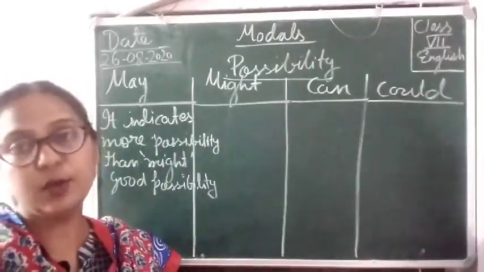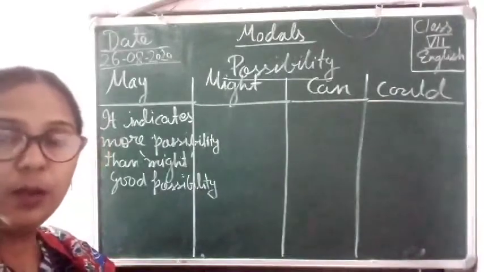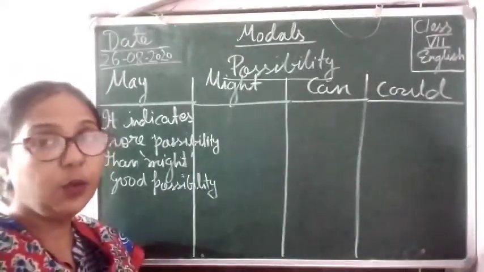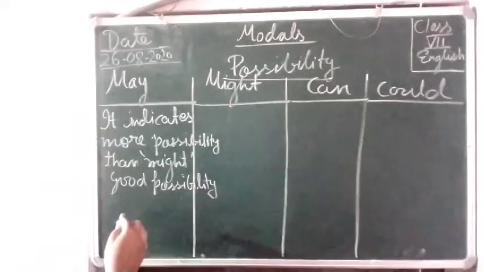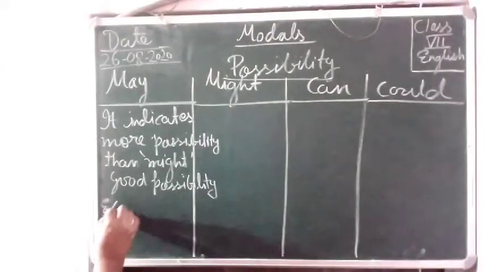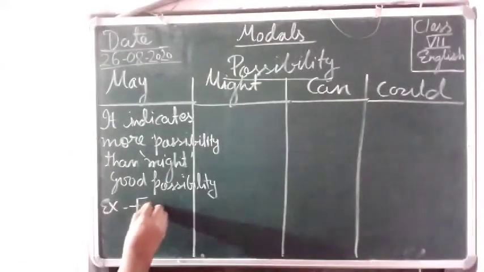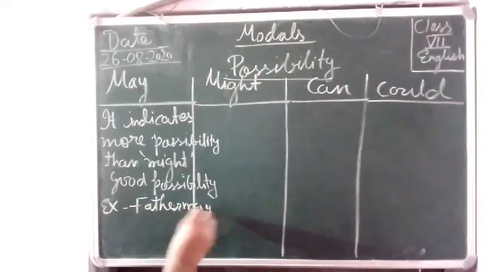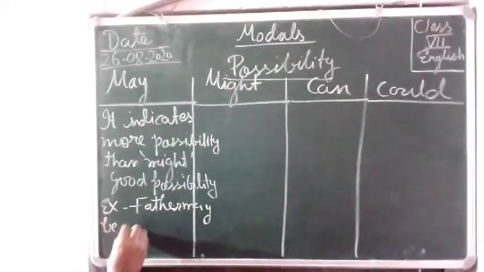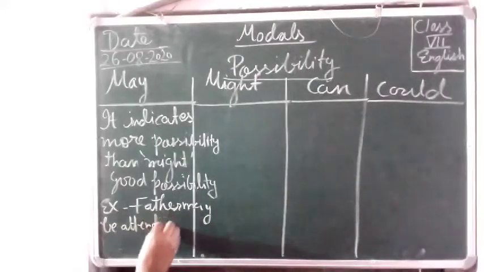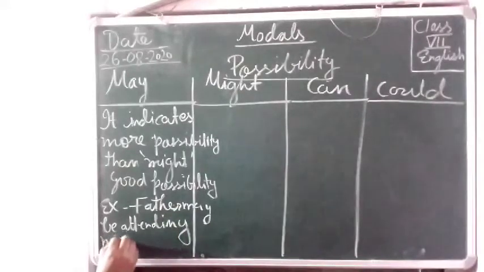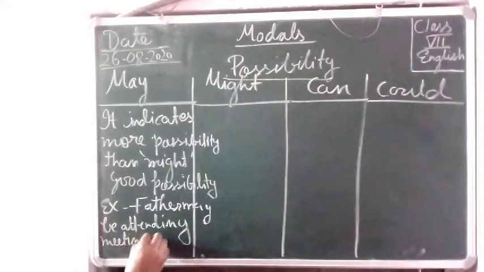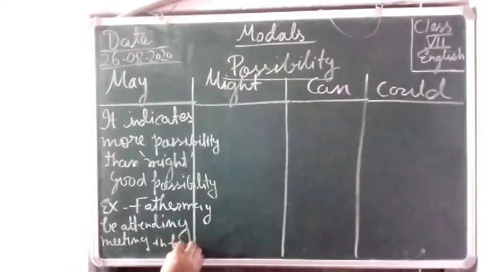I am going to give you one example of how to show possibility through may. The example is: Father may be attending a meeting in his office today.